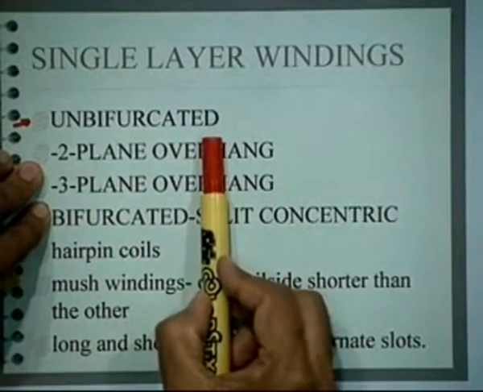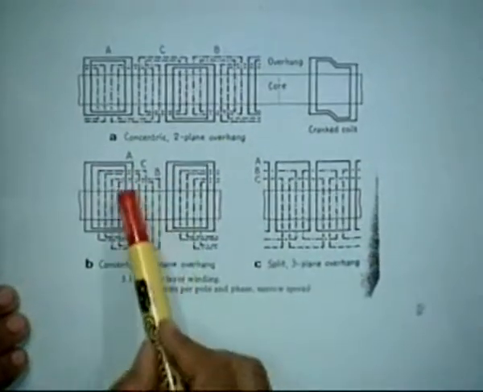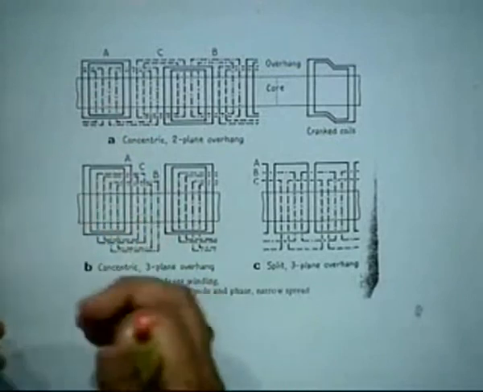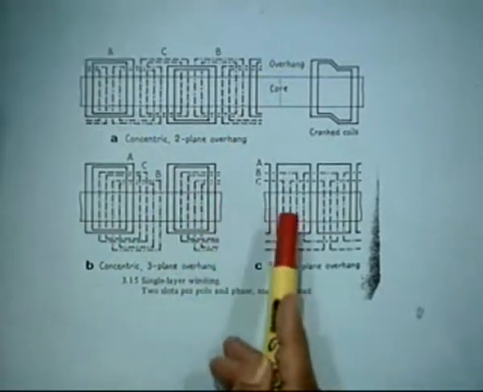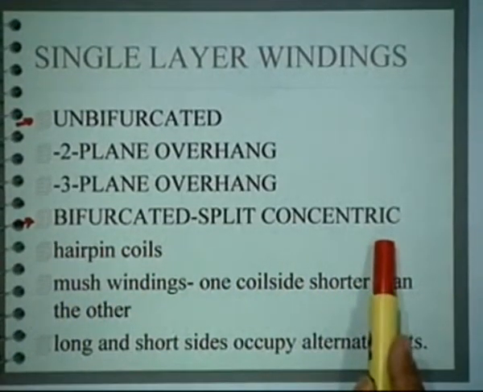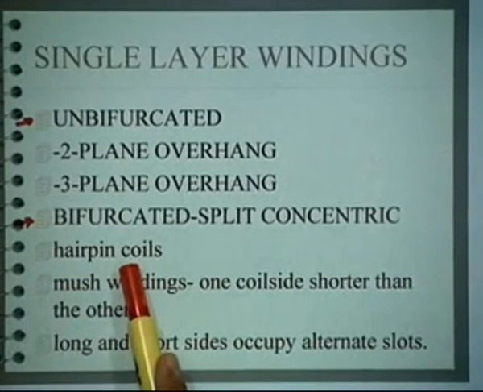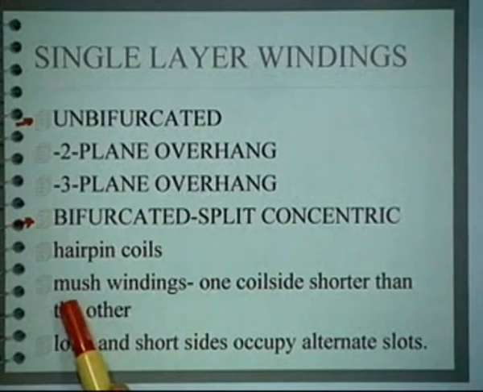Okay, unbifurcated, so you find some of them are not bifurcated. Bifurcated means each coil group is divided into two segments, one turning to the left, another turning to the right. Bifurcated ones have such a segment. Okay, bifurcated split concentric. So there are also hairpin coils, and there are what are called mush windings.